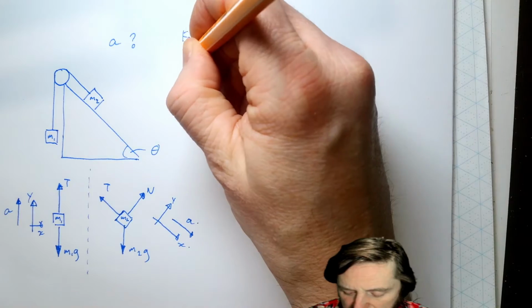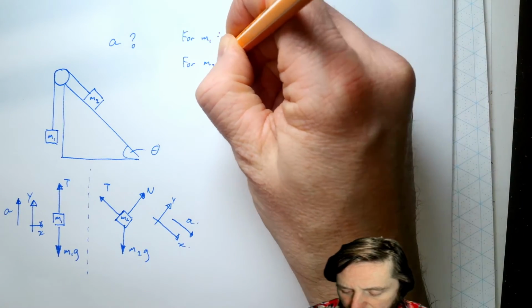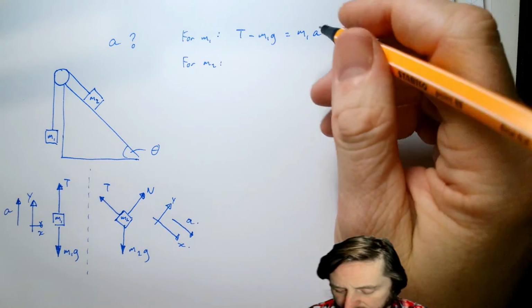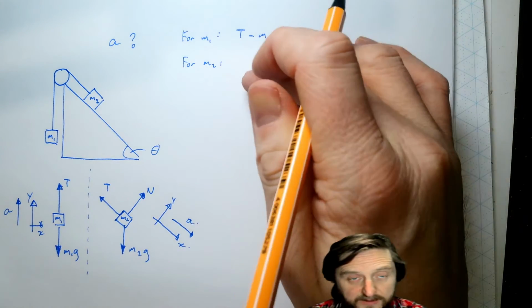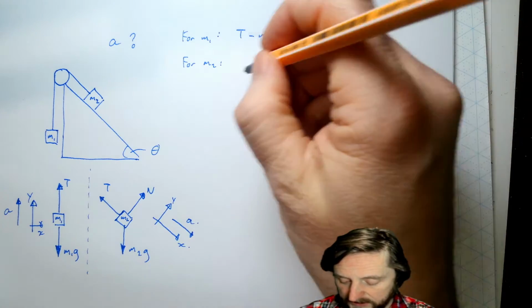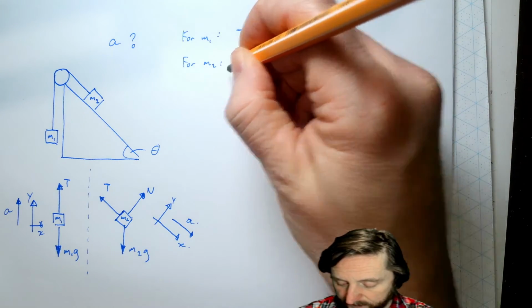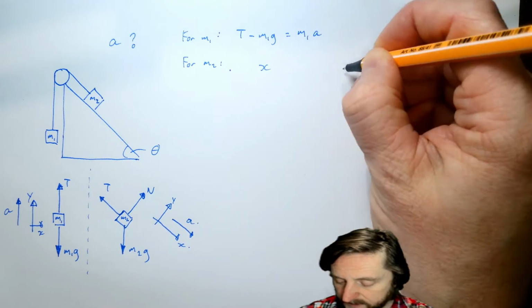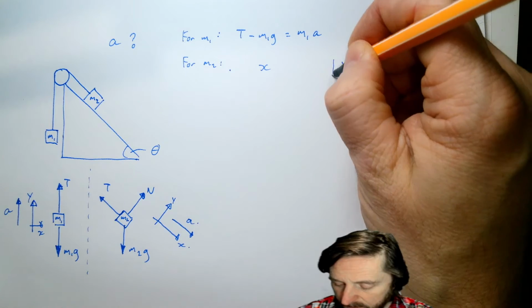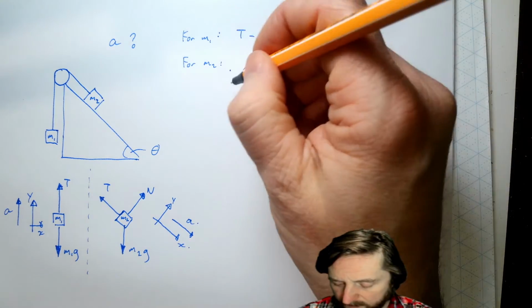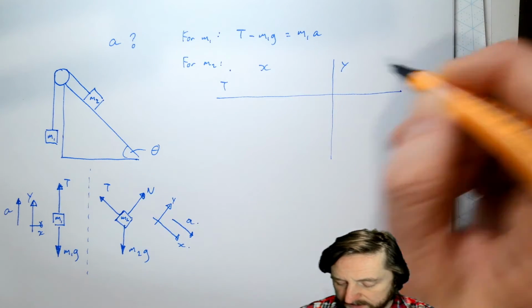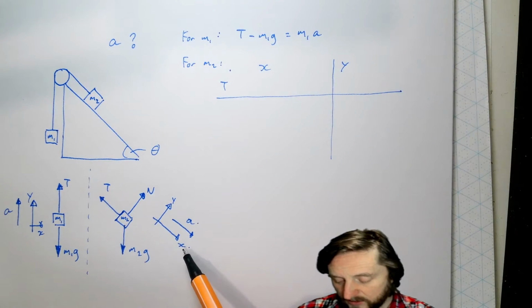So for M2, it's a little more complicated. And I'm going to do it in my little table to write down the x and y components again. So let's make my table, x and y components. So if we look at this, we can see that T only has an x component.